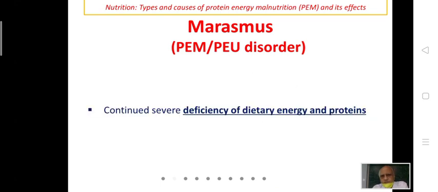Marasmus is another malnutrition disease, a PEU disorder. It is basically a continued severe deficiency of dietary energy and proteins. In a marasmus child, you have deficiency of both carbohydrate, the energy-providing macromolecules, and the proteins. Both influence it.